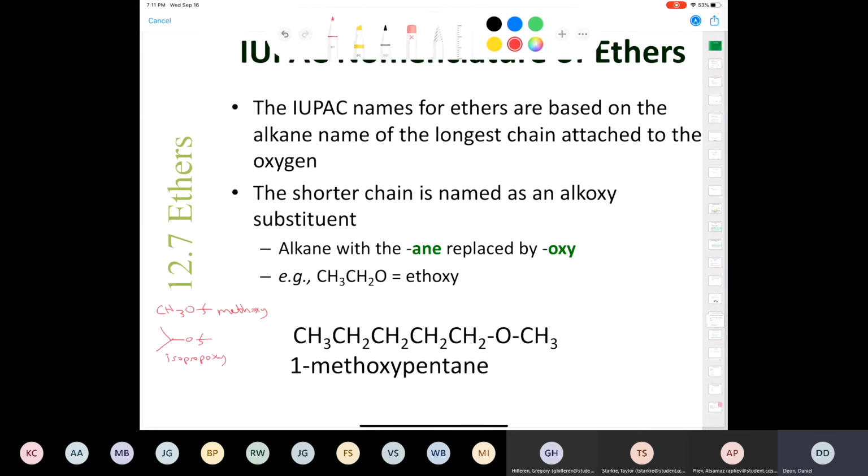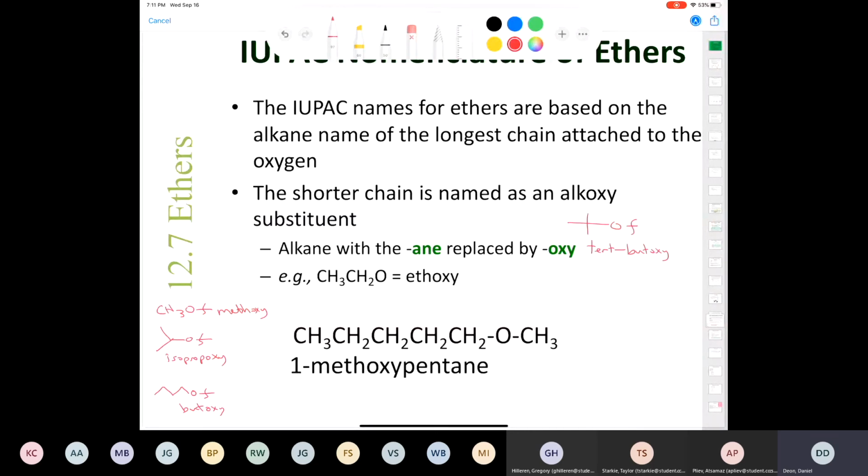If you had a butyl group, 1, 2, 3, 4, and then an oxygen, you'd call that a butoxy. If you have a tert-butyl and an oxygen, that's pretty common. You call this a tert-butoxy, like that. Okay, so on and so forth.